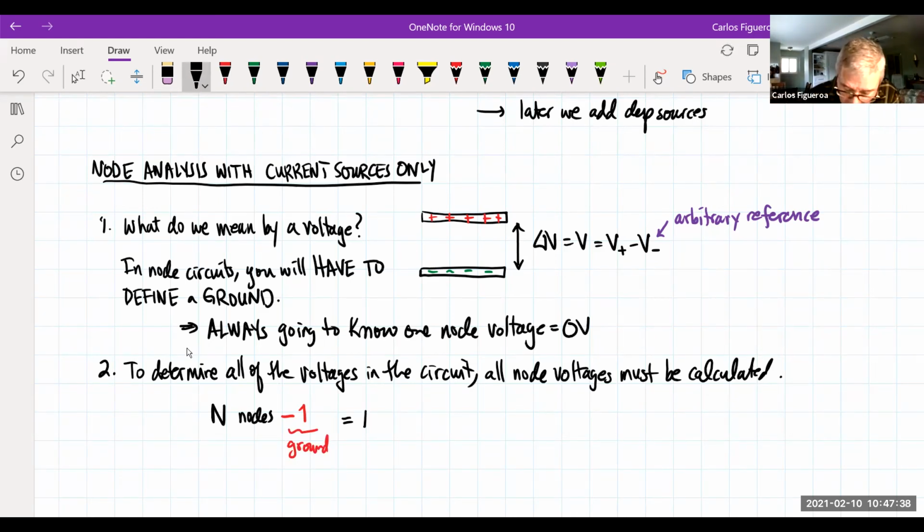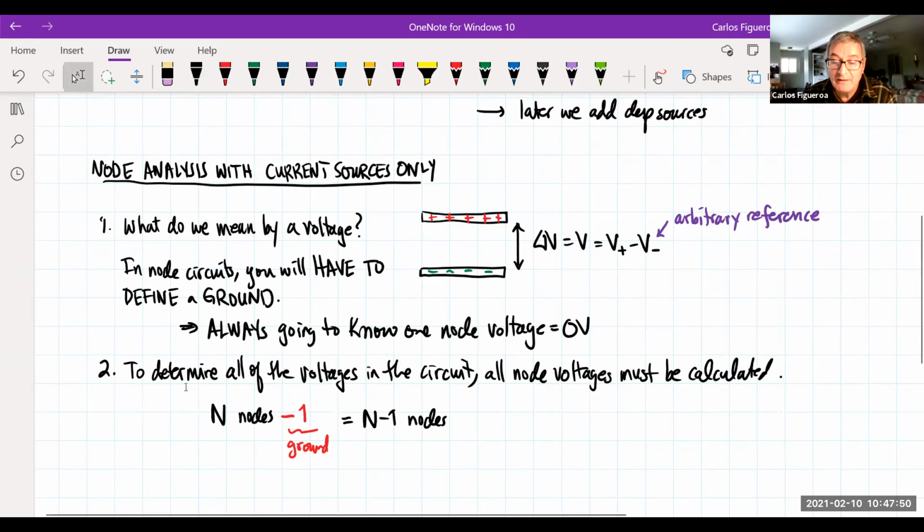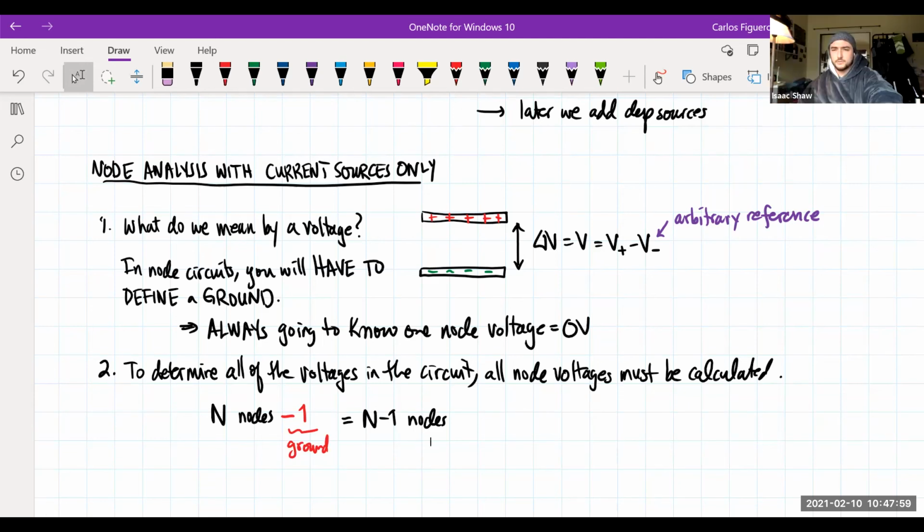We need to calculate n-1 nodes in a circuit, and that's because we know what the ground is. So in any circuit, we need to calculate n-1, not n. Yes. Does it matter where we put the ground? No, it's arbitrary. It's always arbitrary.